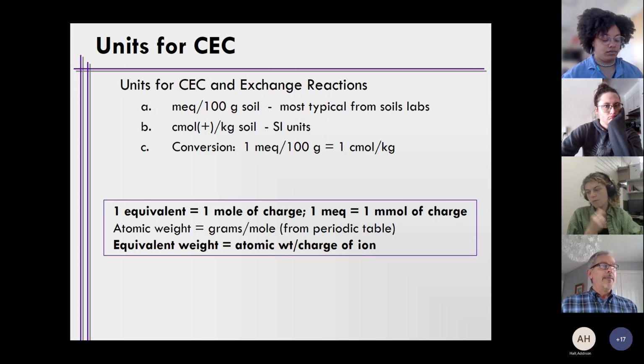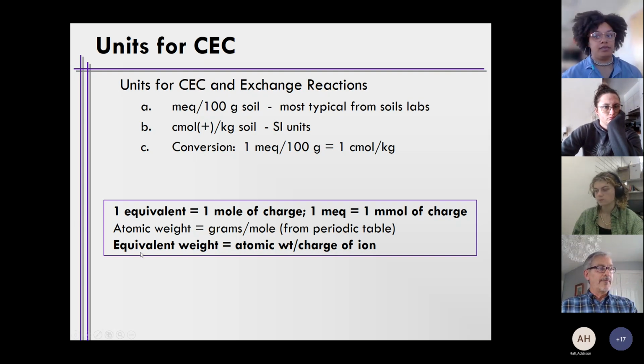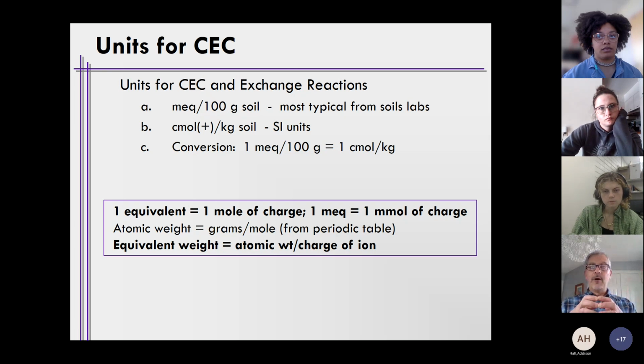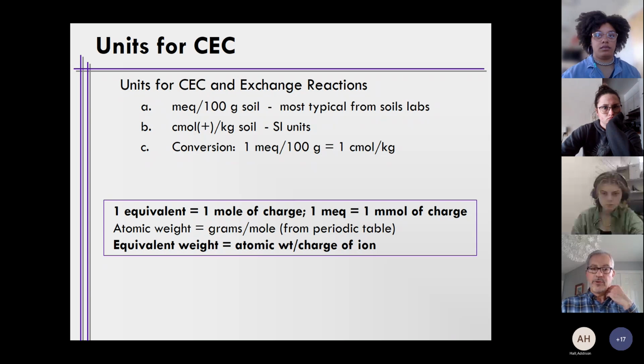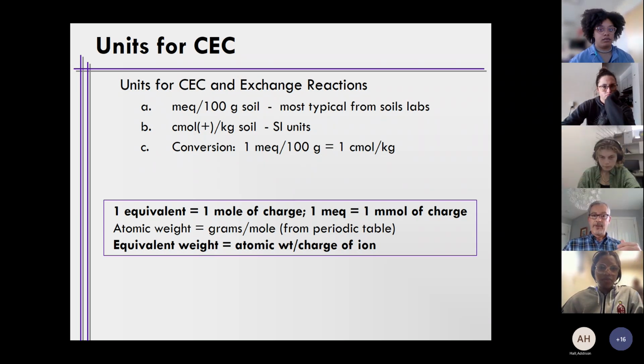And then this calculation of equivalent weight, of taking the atomic weight divided by the charge, what that does is it makes all ions, regardless of their charge, equivalent to one another. So if you took potassium, which has a +1 charge, you divide it by the charge, and then you take calcium and divide it by the charge, which is 2, and you take aluminum and divide it by the charge, which is 3.